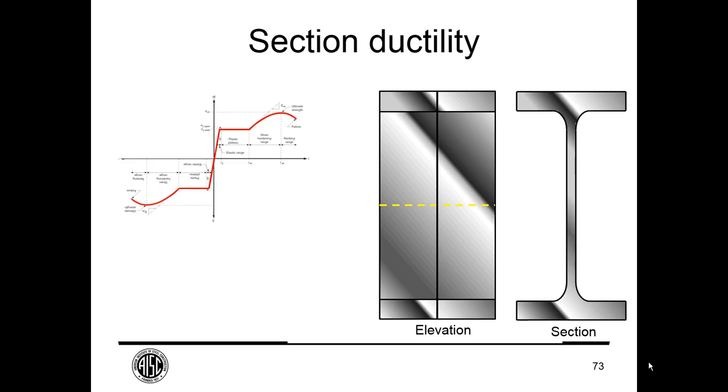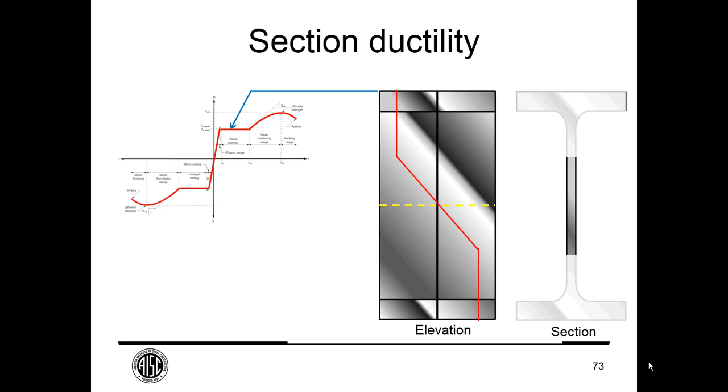If this is a beam, I'm putting through rotation, I build up strains and stresses, and I get to yielding. And at different points in the depth of the beam, I'm at different points along this yield plateau. But I'd like to be able to mobilize pretty much the entire section into the yield plateau.